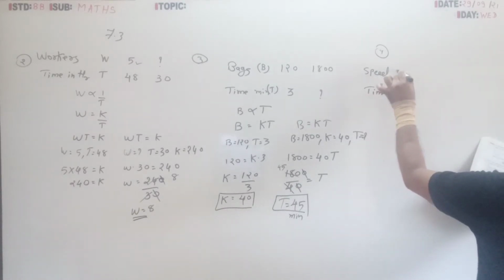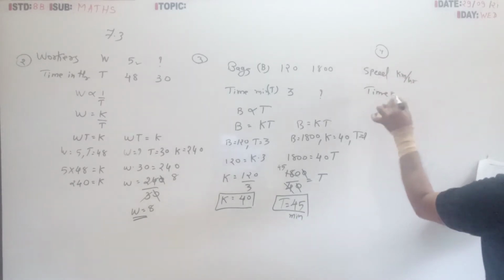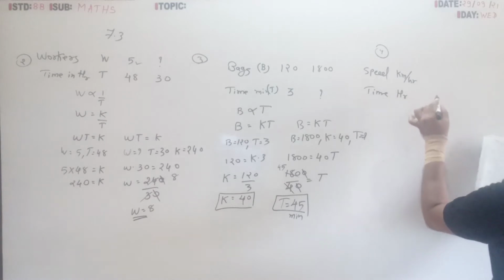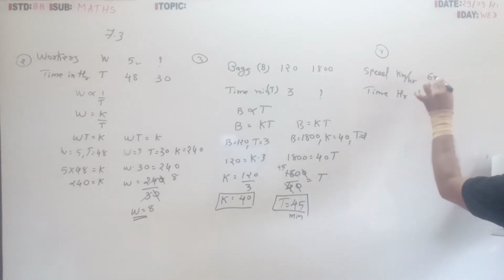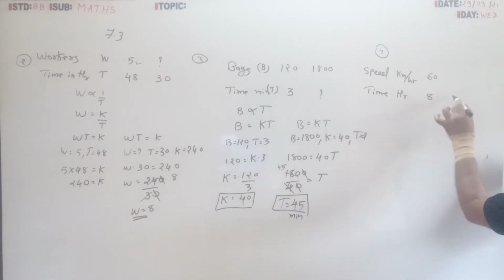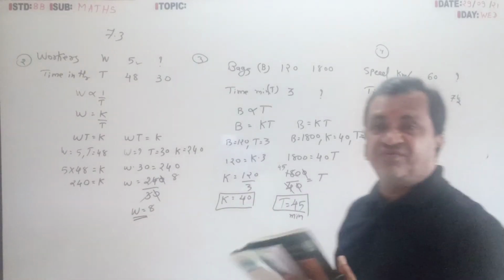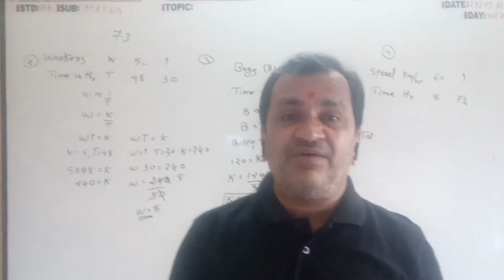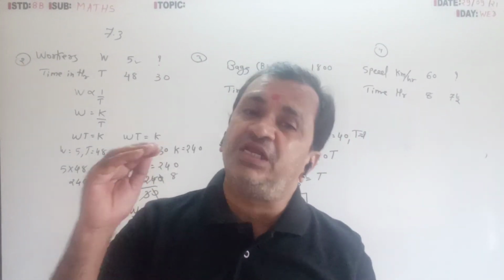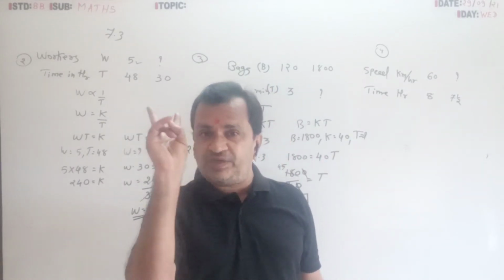Speed in kilometer per hour, this is hour. 60 kilometer in 8 hours. This is 7.5 hours. How much speed do we want? Then they have asked how much we have to increase. Suppose the answer is 62. 60 is already there, so 2 we have to increase.